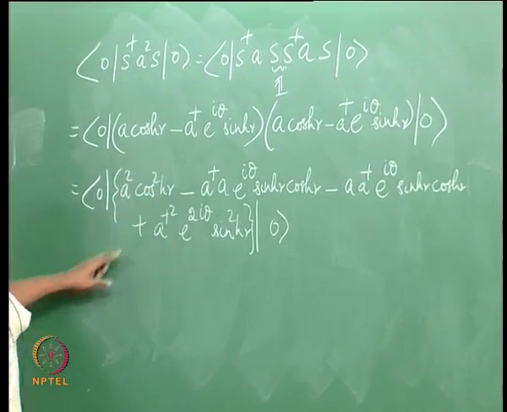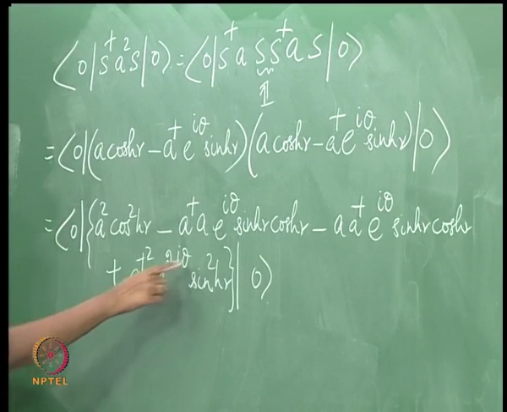I need to find the expectation value of this object in the state ket 0.